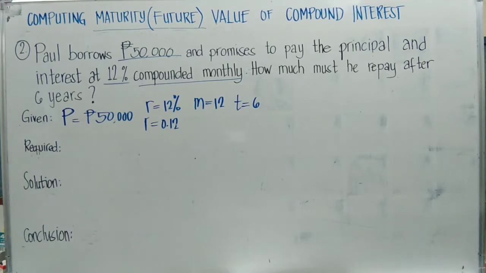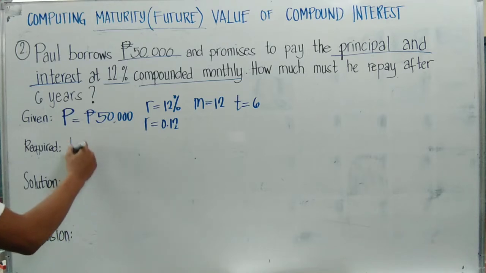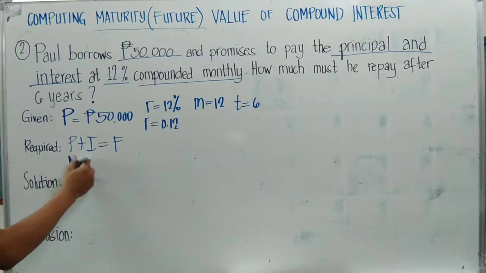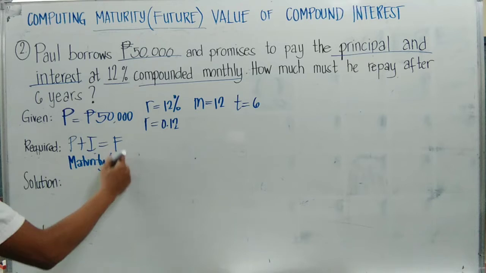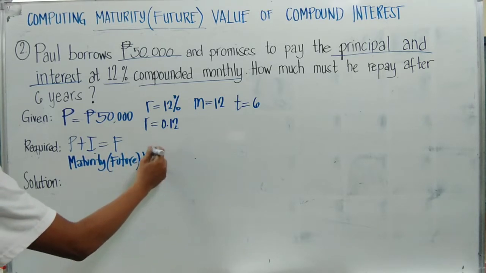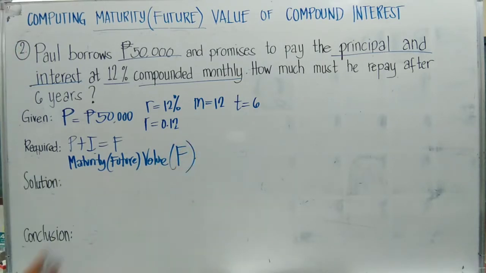So the required here is the principal and the interest. So principal and interest is equal to your future value. So of course, the unknown or the required here that we need to solve is the maturity or the future value, denoted by capital F. Okay?